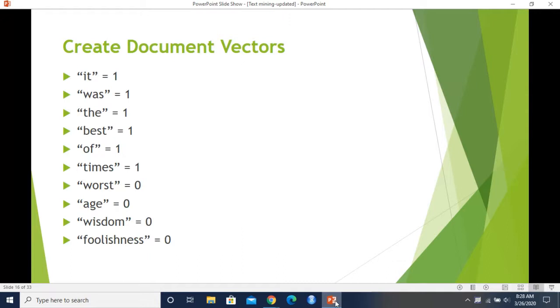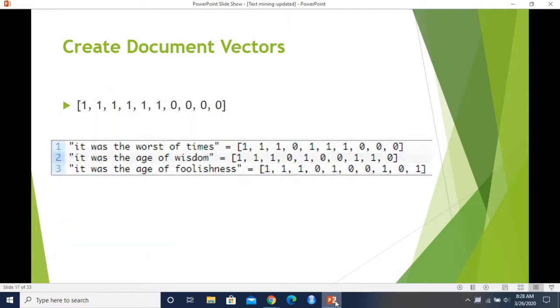It equals 1, was equals 1, the equals 1, best equals 1, of equals 1, times equals 1, worst equals 0, age equals 0, wisdom equals 0, and foolishness equals 0. As a binary vector, this would look as follows. 1, 1, 1, 1, 1, 1, 0, 0, 0, 0. The other 3 documents would look as follows.